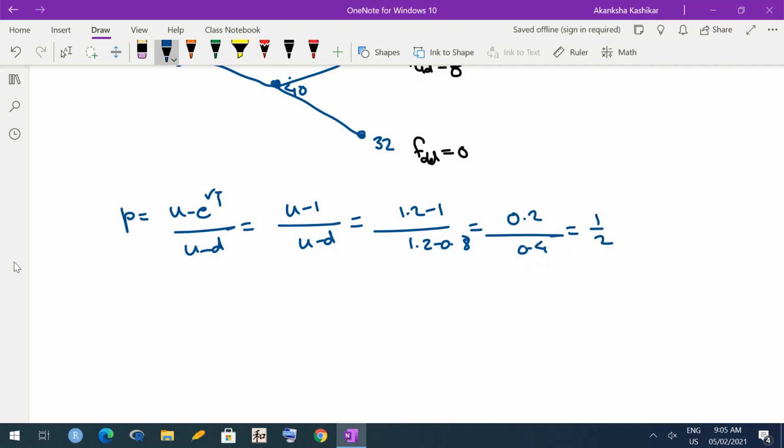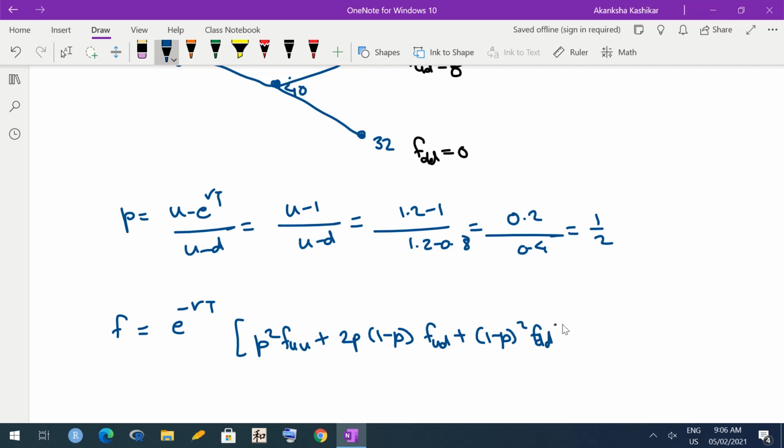Okay, so P is half. So as per the formula that we derived for European option, the price would be e raised to minus RT P square FUU plus 2P into 1 minus P FUD plus 1 minus P whole square into FDD.